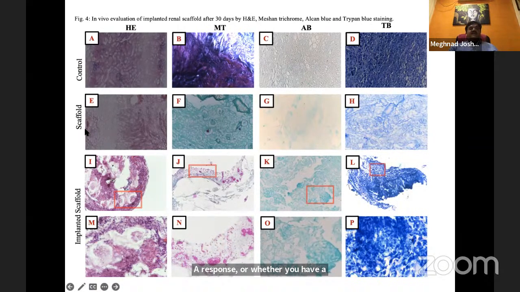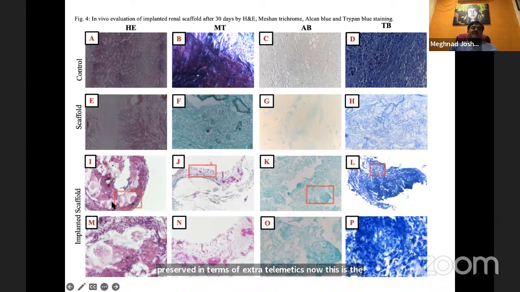So this step confirmed that the decellularization process has removed all the goat cells, and at the same time the kidney is well preserved in terms of extracellular matrix. Now this is the transplanted scaffold.